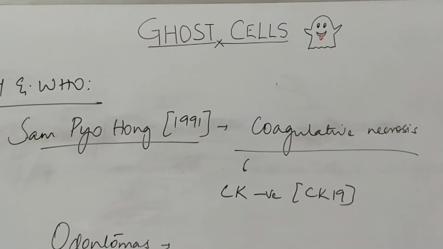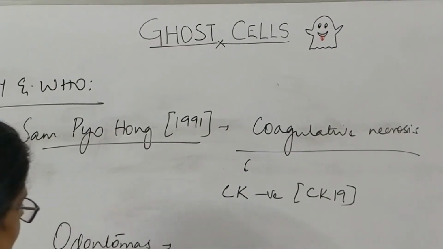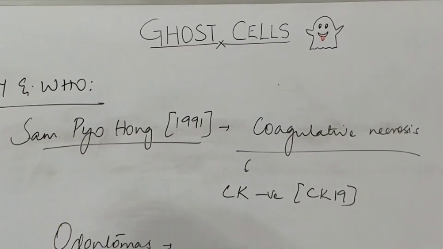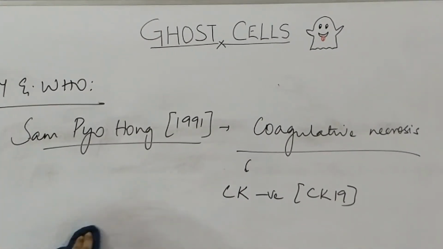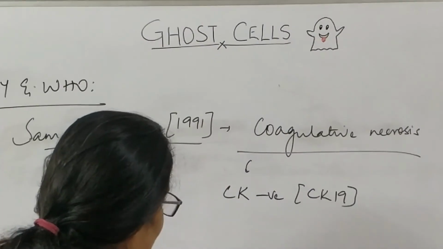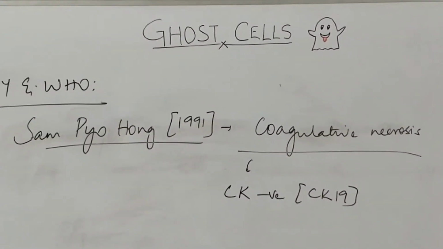Next, there was another author, that is Gunhan et al. So till now we have seen that ghost cells can either be dyskeratotic, a result of abnormal keratinization, or it can be a result of coagulative necrosis.